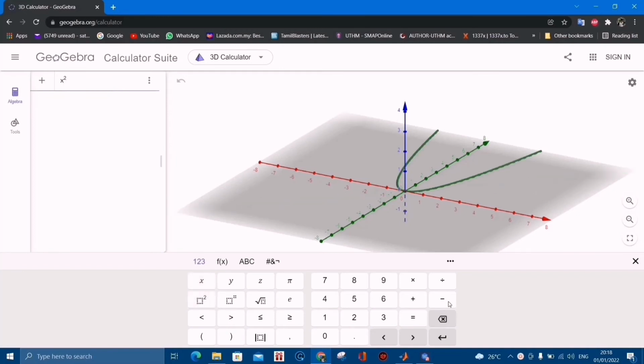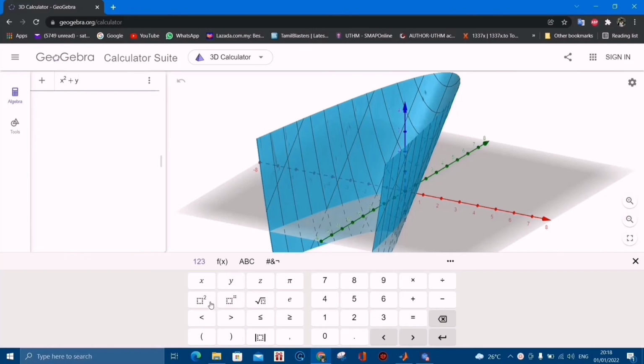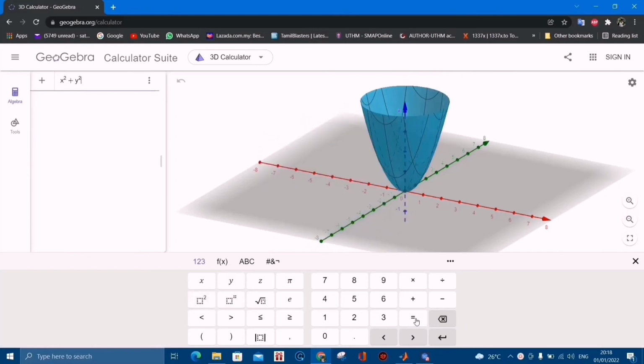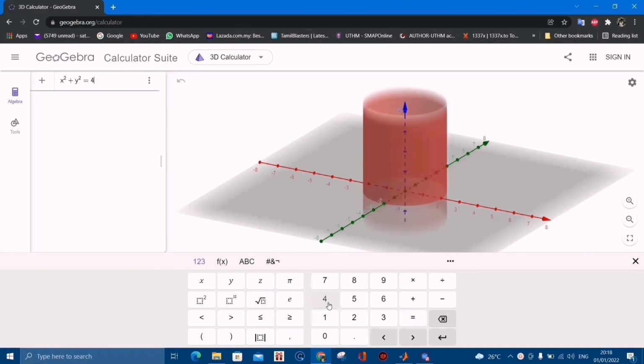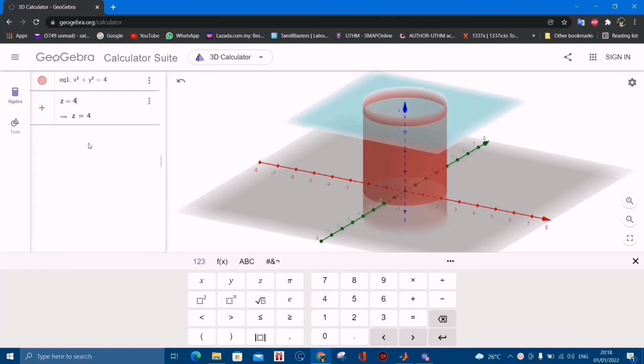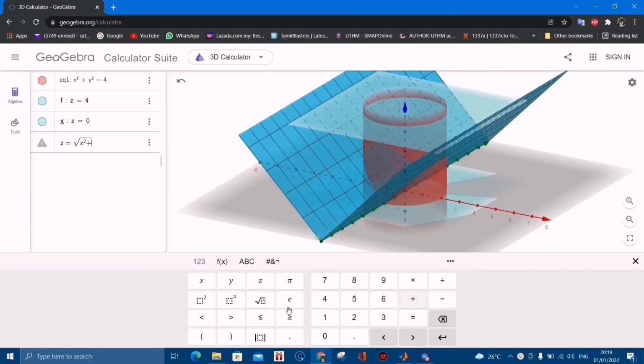x squared plus y squared equals 4, followed by z equals 4, and then the plane z equals 0, followed by the cone z equals square root of x squared plus y squared.